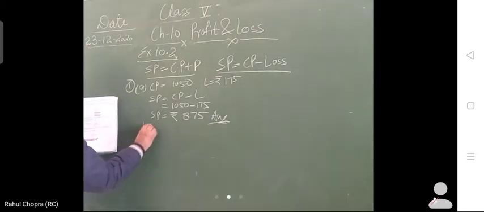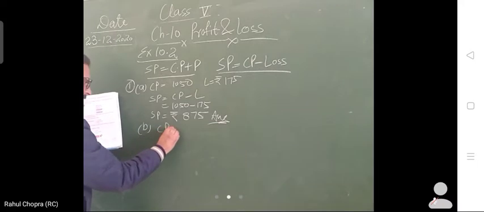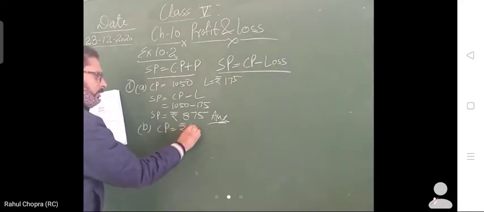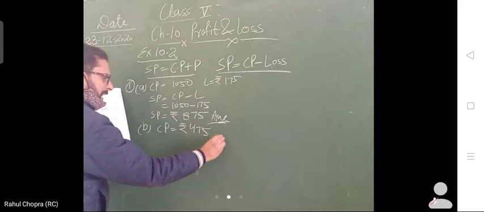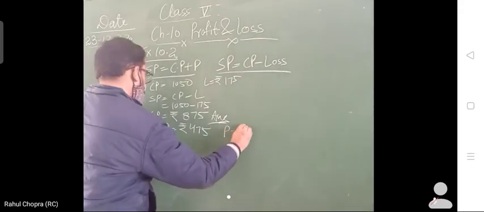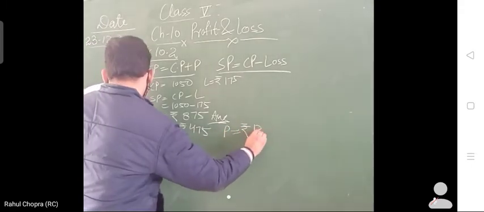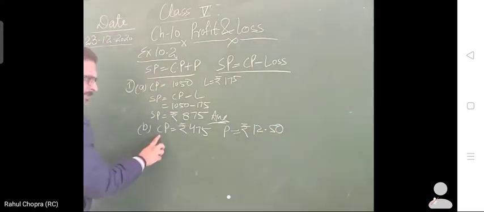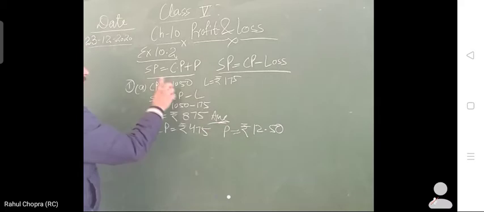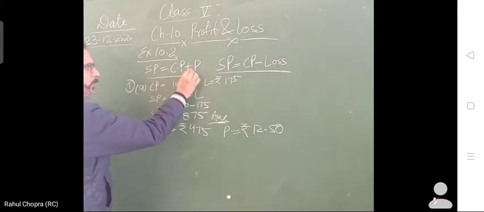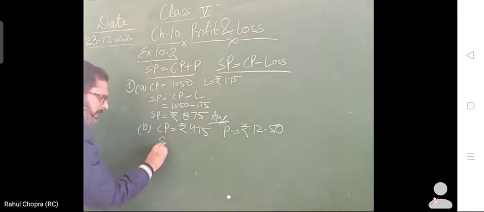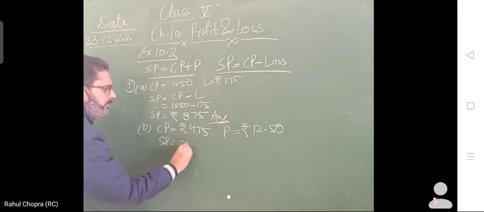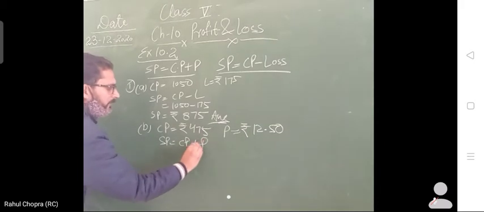Similarly, in B part, CP is given how much? Rupees 475, and profit is given how much? Rupees 12.50. CP is given, profit is given, you have to find the SP. The formula of SP when CP and profit both are given is SP is equal to CP plus profit.